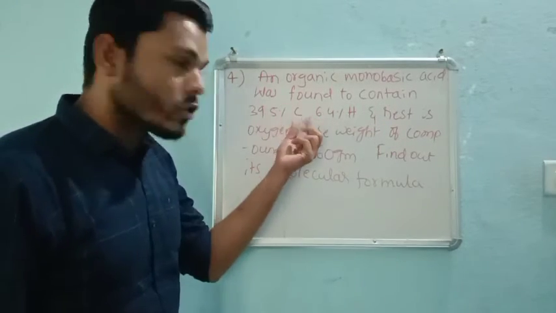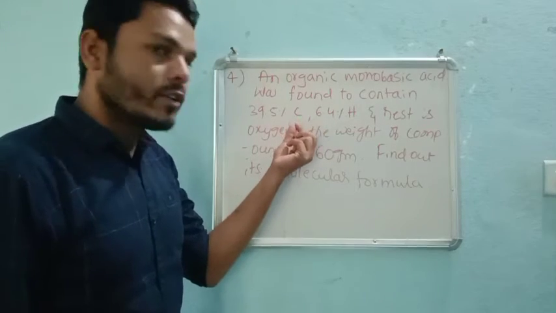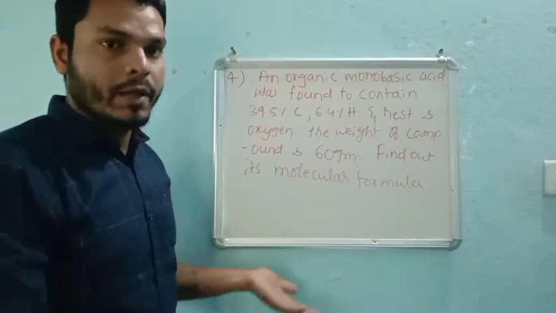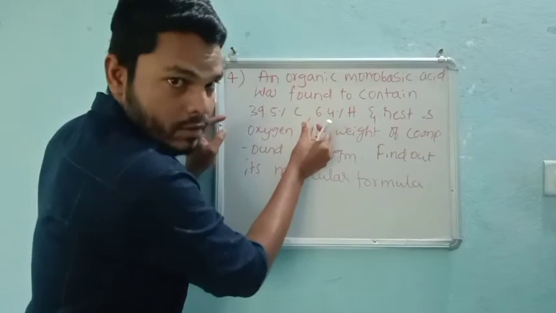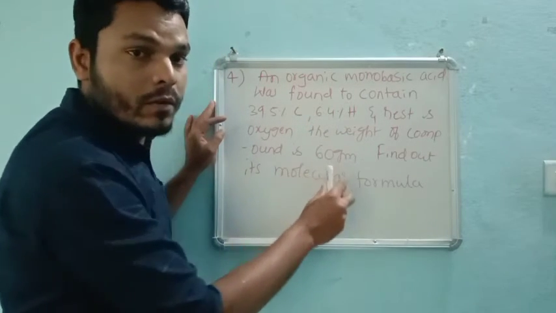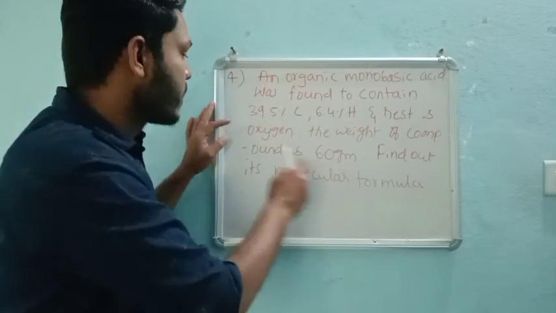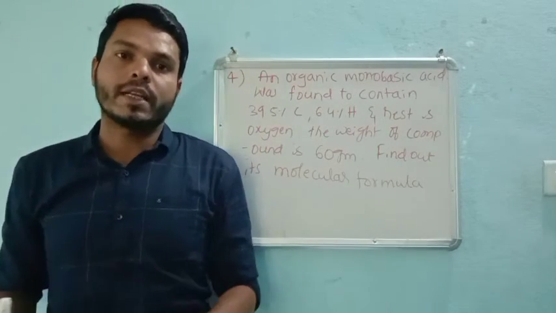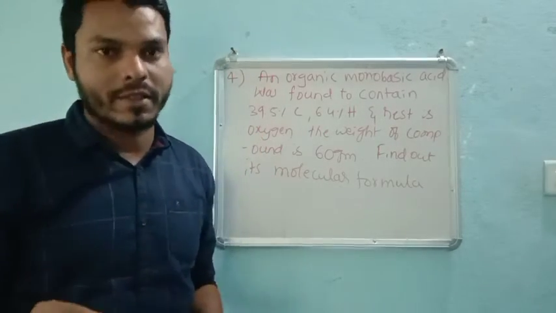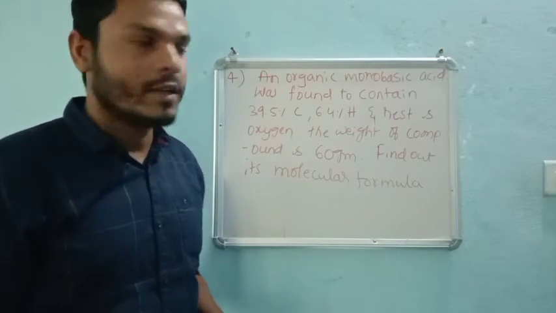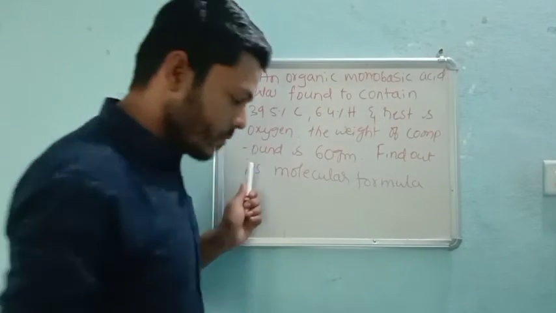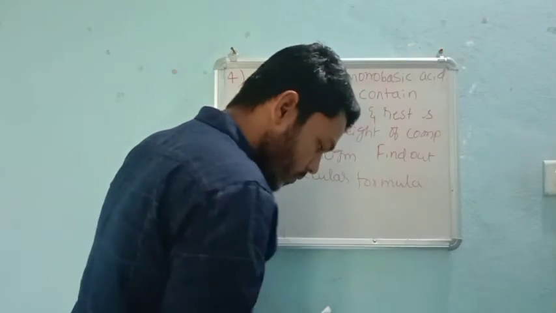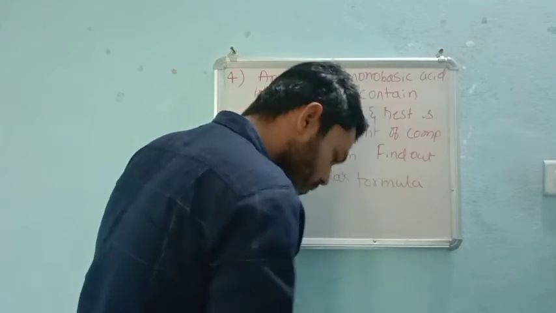I repeat, you add these two and subtract the added value from 100, whatever value comes is the percentage of oxygen. Why? Because compounds present in nature are 100%. Understood?